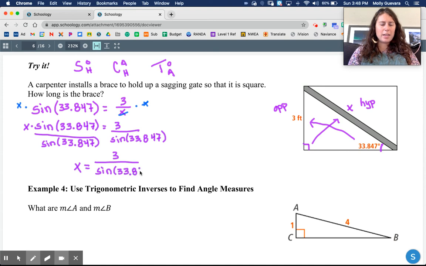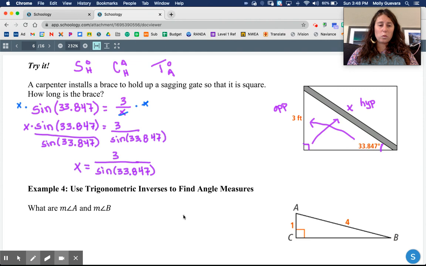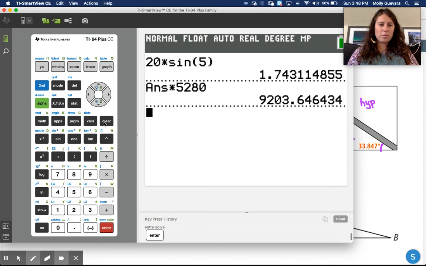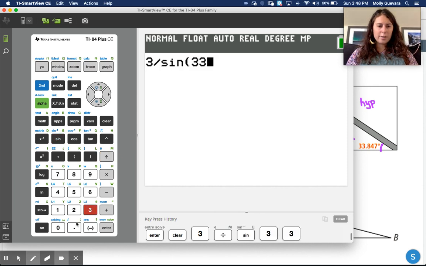And again, that's something that I can enter into my graphing calculator. And it doesn't have to be graphing. I know I keep saying that. You can enter this into any calculator, okay? So either one of those blue scientifics or graphing or whatever. So how I do that is just 3 divided by sine, and then the angle is 33.847.